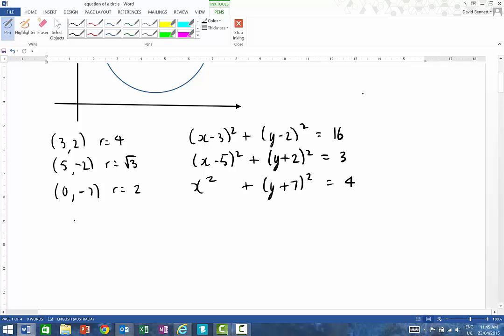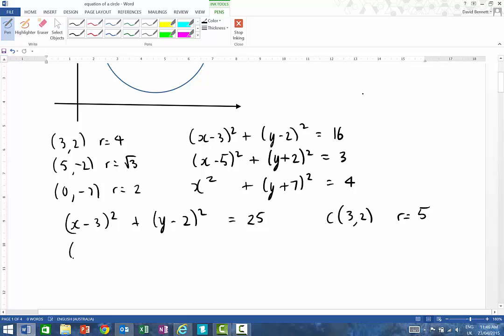Now the other thing that you'll have to do is work backwards. So if I get an equation like (x − 3)² + (y − 2)² = 25, then I need you to be able to say the centre of this is going to be (3, 2), and the radius is going to be equal to 5.